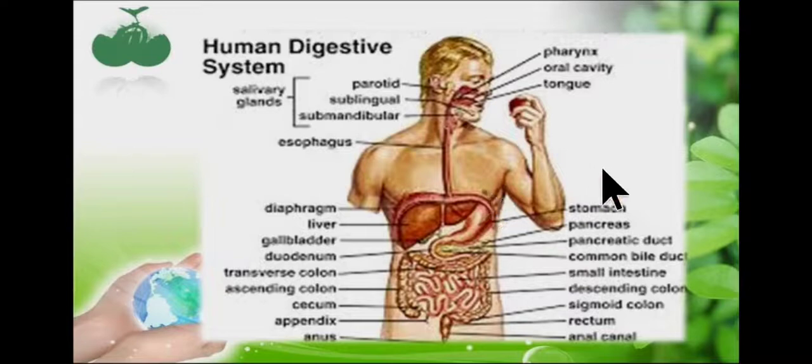In this diagram you can see the different organs associated with the human digestive system.